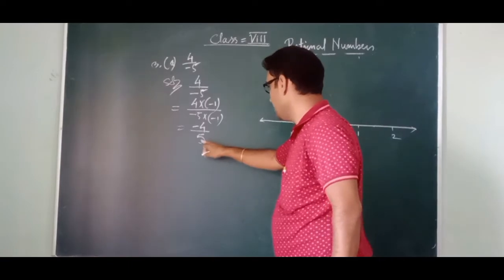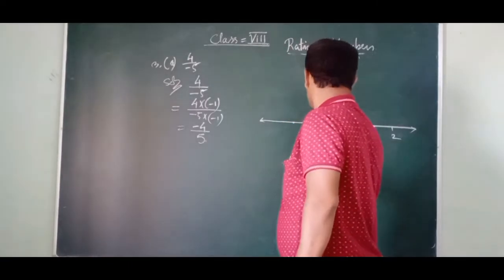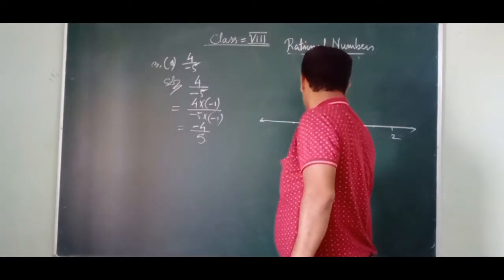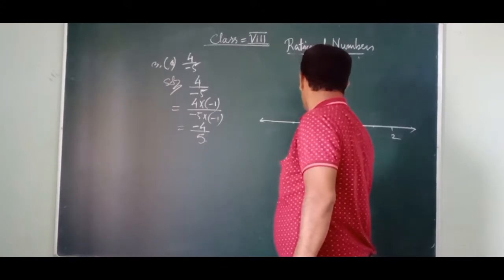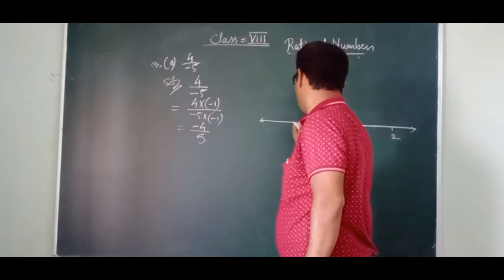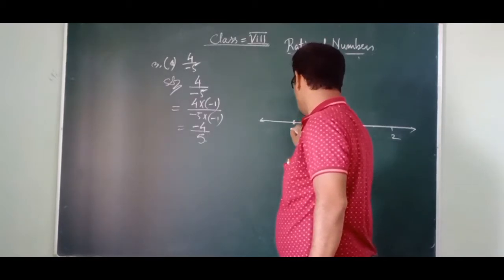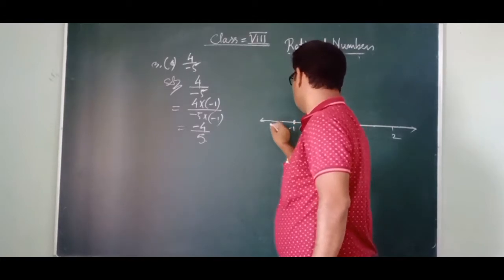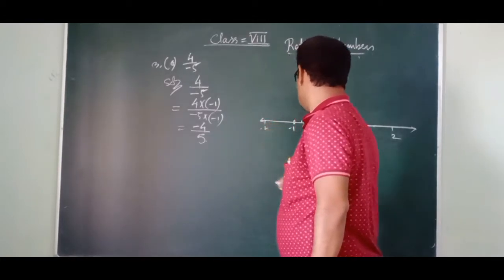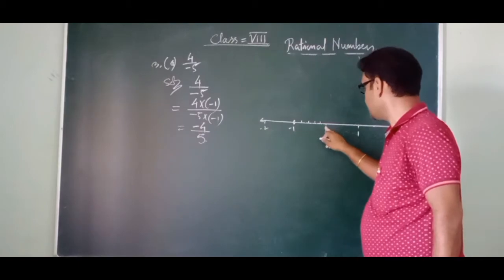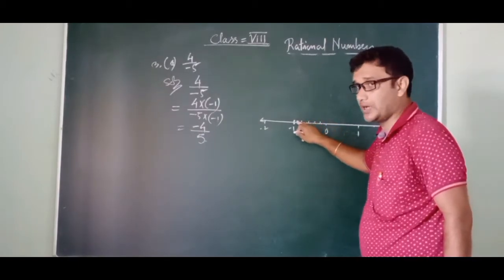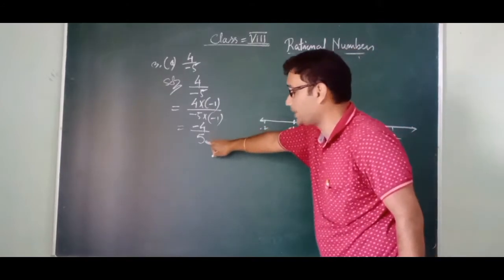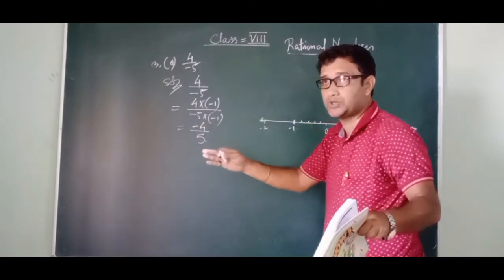Then how many parts? 1, 2, 3, 4, 5 parts. So here up to here is your minus 1, then minus 2. From 0 to here, how many parts? 1, 2, 3, 4, 5 parts. Why 5 parts? Because the denominator is 5. So 5 equal parts you have to take.